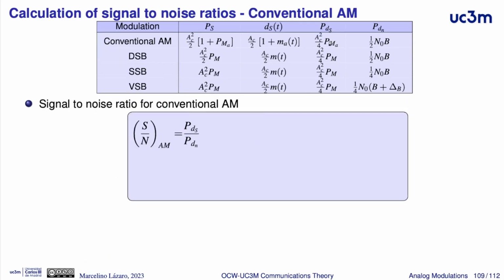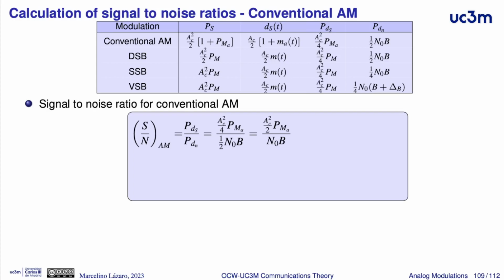For a conventional amplitude modulation, the power of the signal term is this one and the power of the noise term is this one. If we write this ratio, we have this expression. This 4 here and this 2 here can be simplified to this expression.